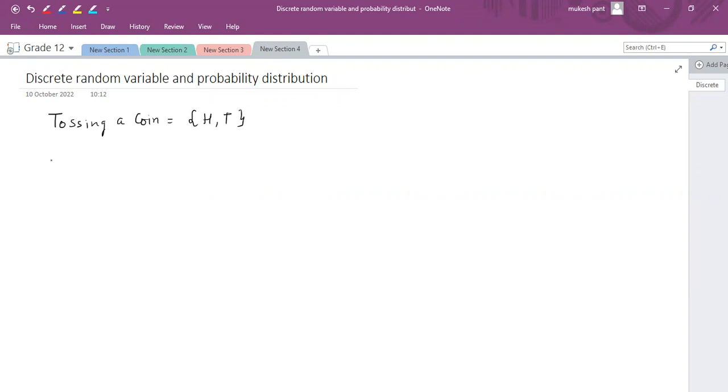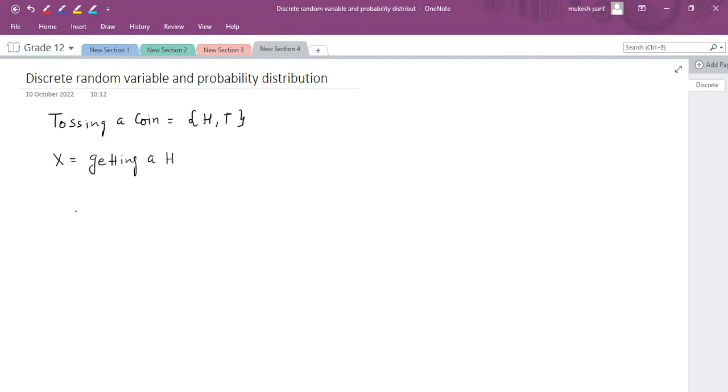Okay, so let's consider X is a discrete random variable, and what does it stand for here? Getting a head in tossing a coin. So X is a random variable and it stands for getting a head in this coin toss.